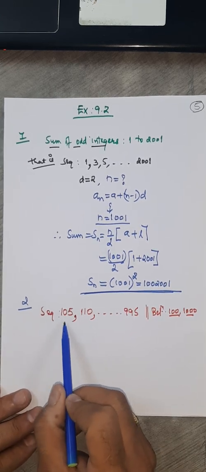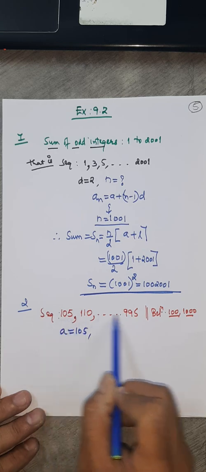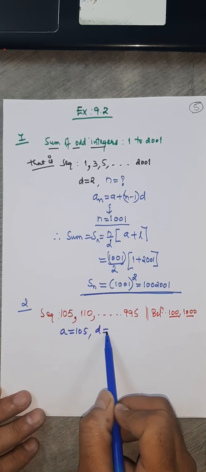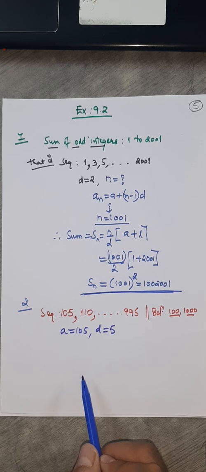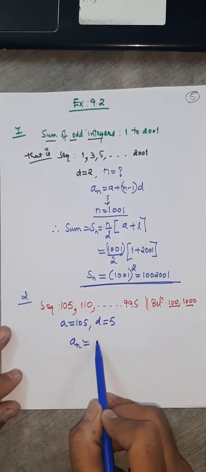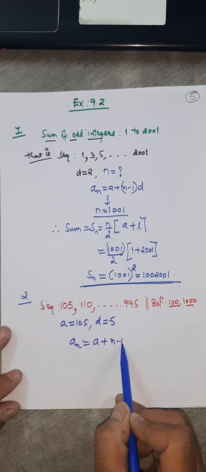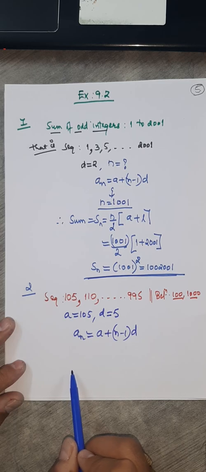Now again we want the summation. So we need A, which is 105. You need the common difference. The common difference is obviously 5, D is 5. Okay, now how many terms are there? Again use the AN formula, which is A plus N minus 1 into D. You need to know how many terms there are.